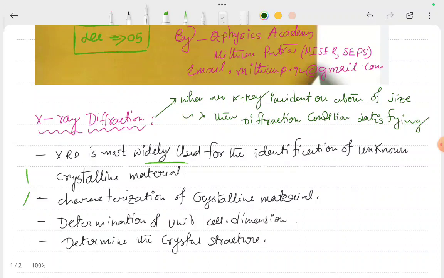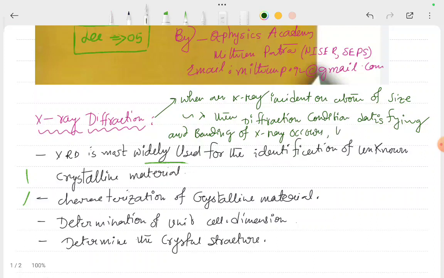Satisfying and bending of X-rays occur, and bending of X-ray occurs.